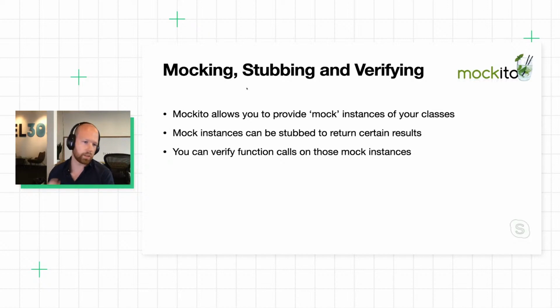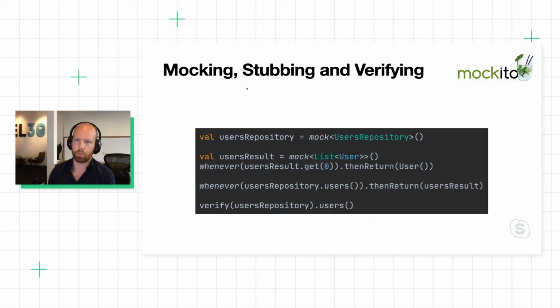The problem with this is that using mocks and stubbing really invites you to create messy test code. This is what code in a test suite can look like. At the top we have a mock, a users repository interface, and we mock that.